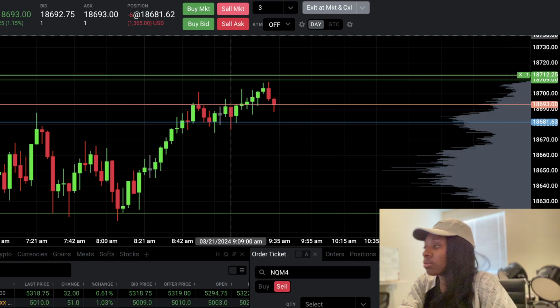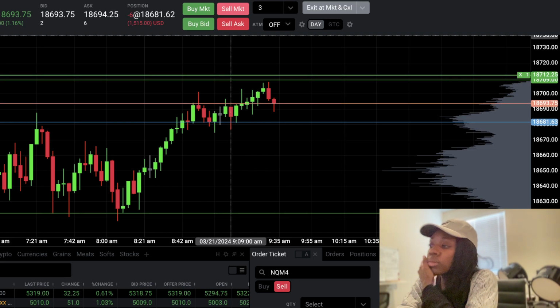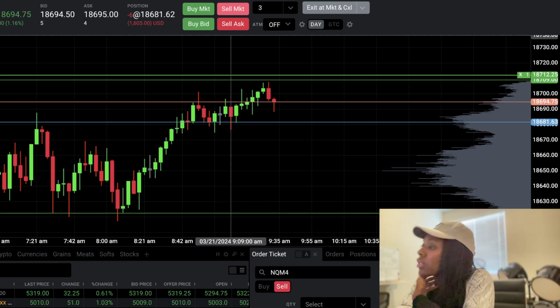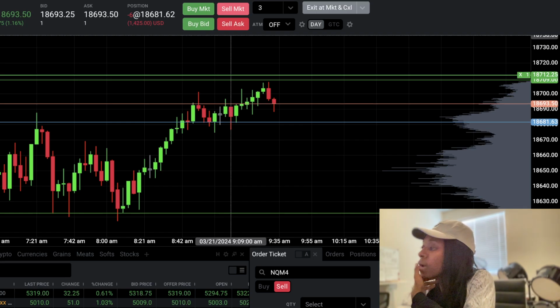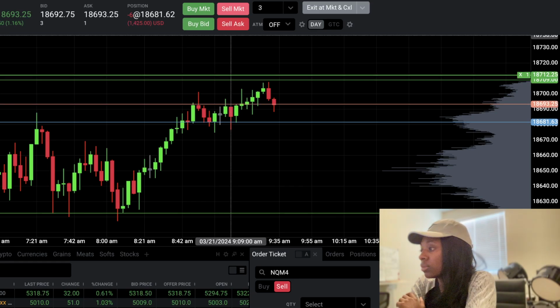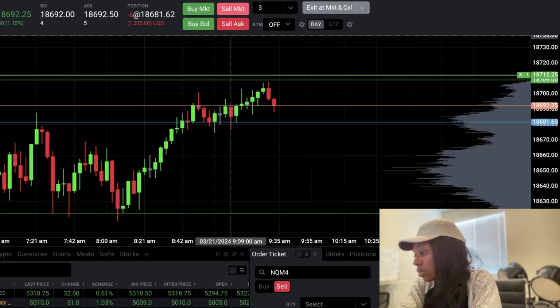All right, we got a minute 28 seconds left on this candle. Doing a little bounce off of the 3-minute 20 moving average. Hate it. A minute 5 left on the 3-minute candle.